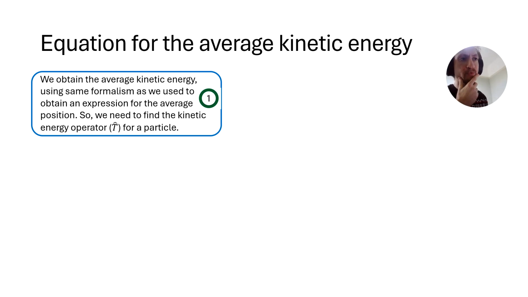So, the kinetic energy operator I'll denote with a hat above the T, because T is traditionally used in classical mechanics, particularly in the context of Lagrangian mechanics, to represent kinetic energy, and the tradition is we put hats above operators.